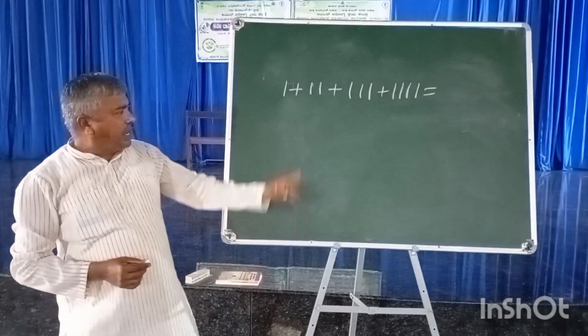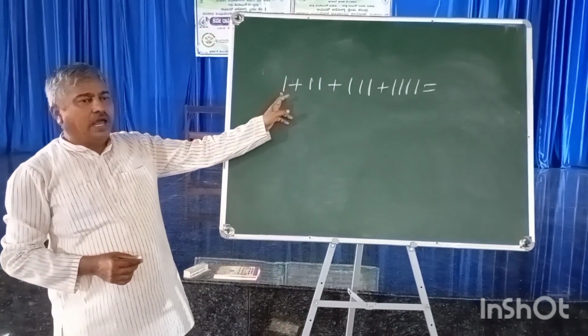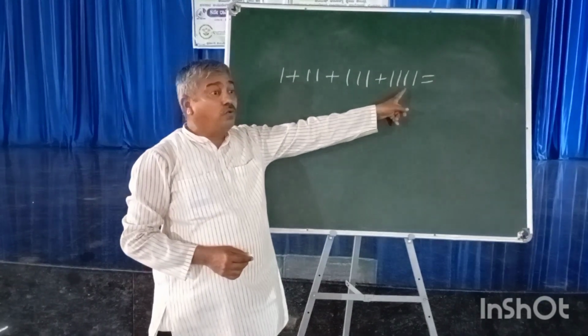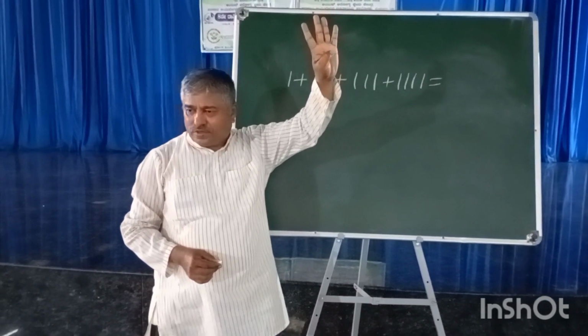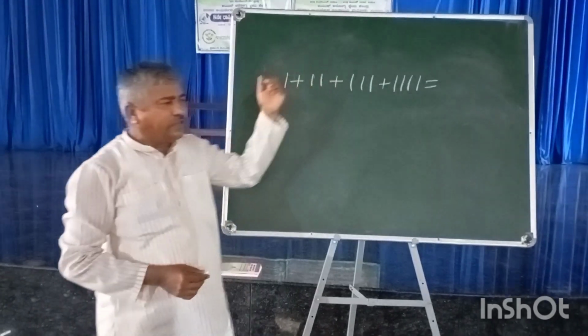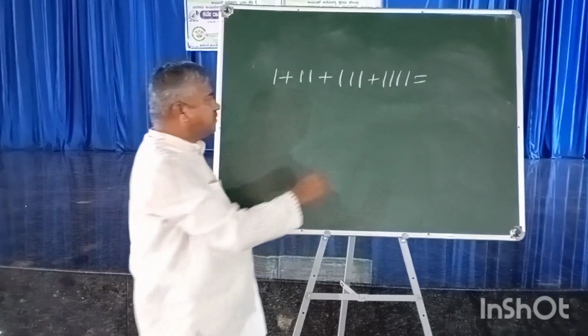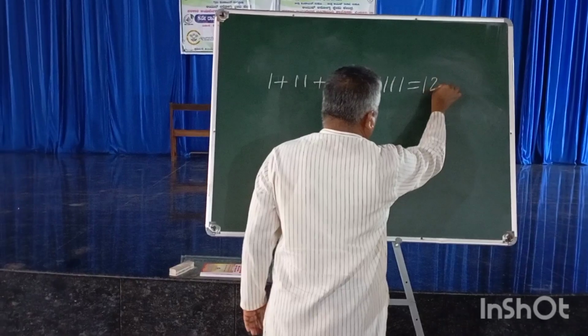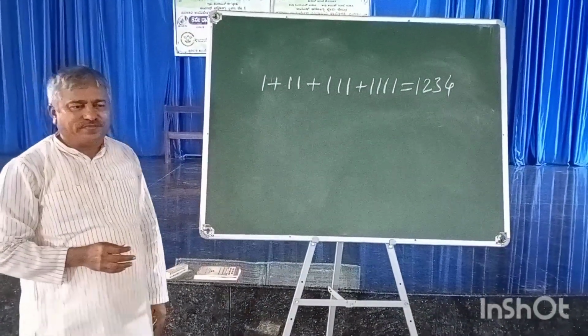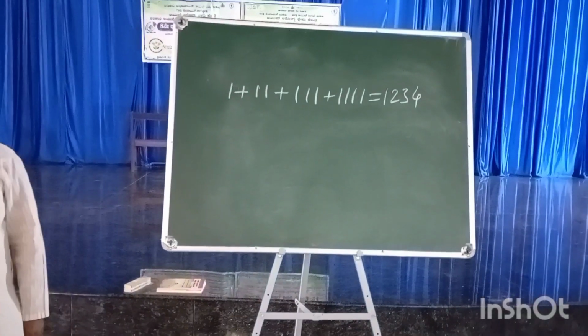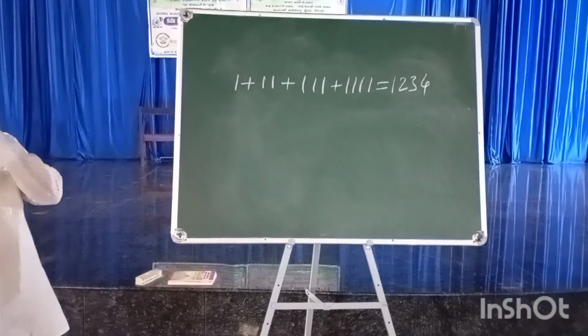We started with 1 and ended with 1111, 4 times. Is it clear? Yes. 4 ones. Then its answer, its addition, is 1 2 3 4. This is the answer. Understand? Yes, sir.